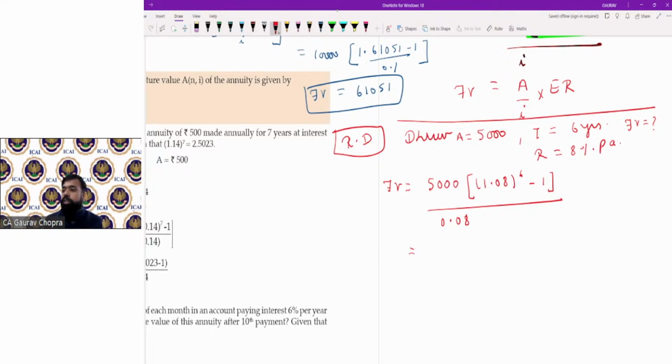So how much is the answer? Anyone has got the answer? Just calculate on your calculator, you will get the result. So Kushal has given the answer 3,66,000.